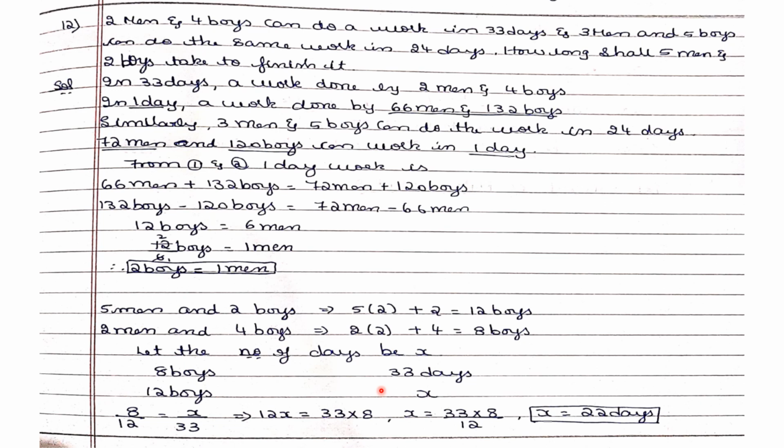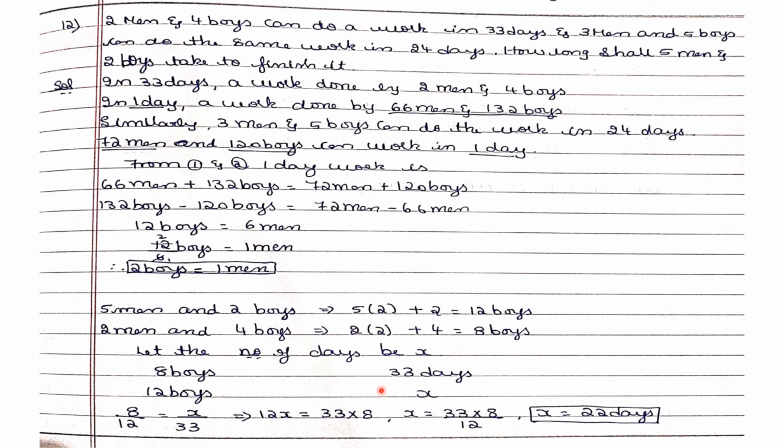If you have more boys, then the days will become less. So this is called inverse. When both are increasing, it is called direct proportion. When one is increasing and one is decreasing, it is called inverse.